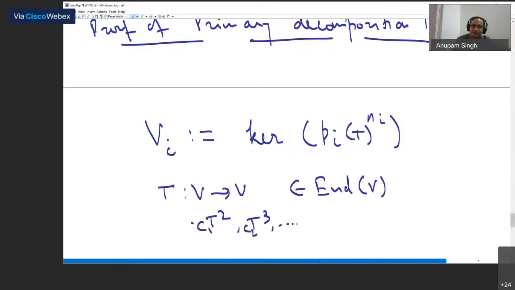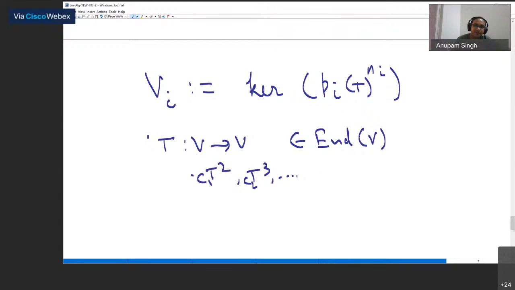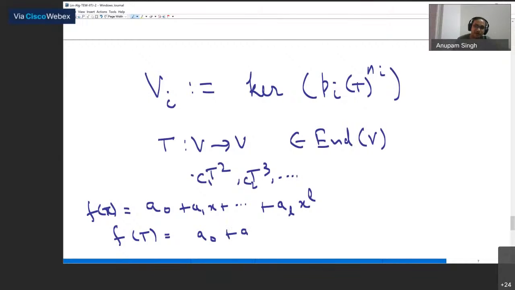So you see that when I'm given a T, I can substitute T in any polynomial. Let's say I am given a polynomial f(x). f(x) is, let's say, a0 plus a1 x plus up to aL x to the power L, then f(T) makes sense. So f(T) will be a0 plus a1 T plus up to aL T to the power L. This is also an element of End V, right?